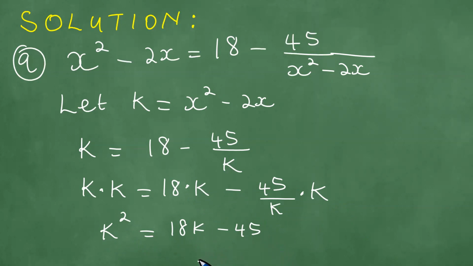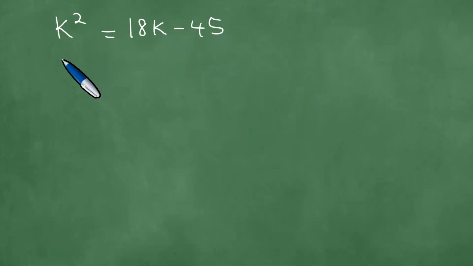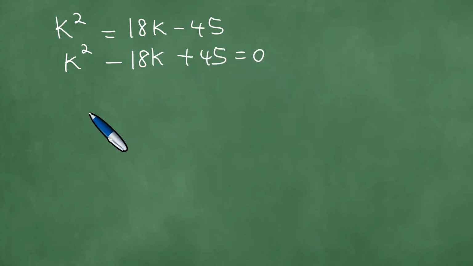So now, what do we do if we have k squared equals 18k minus 45? We transpose the terms, getting k squared minus 18k plus 45 equals 0.